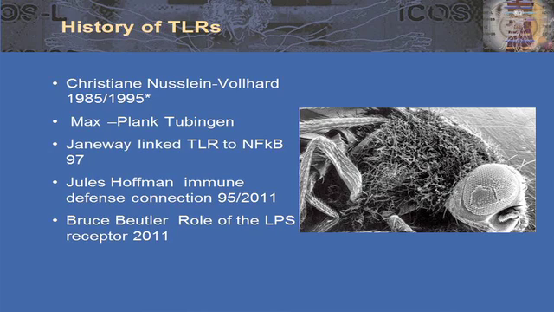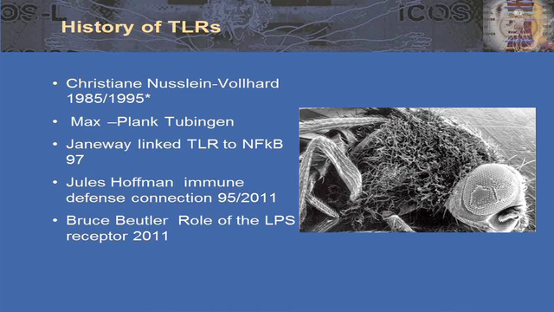This family of receptors has been known about for about the past 30 years. It was discovered by Christian Nusslein-Volhard, who was looking at mutated fruit flies that had a mutation in these leucine-rich proteins that ultimately were called toll.